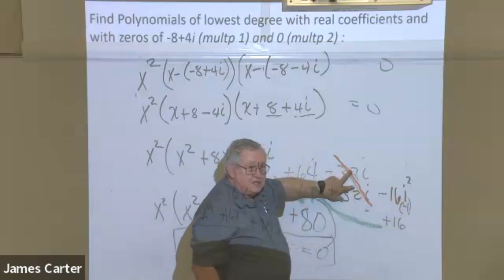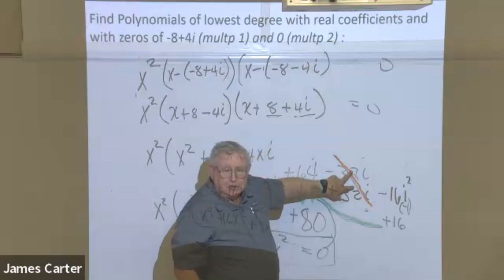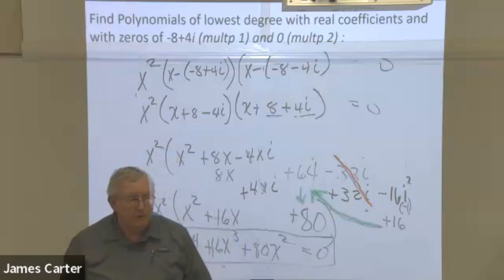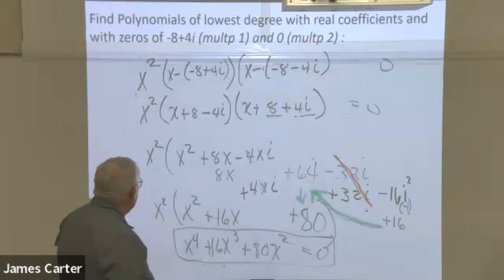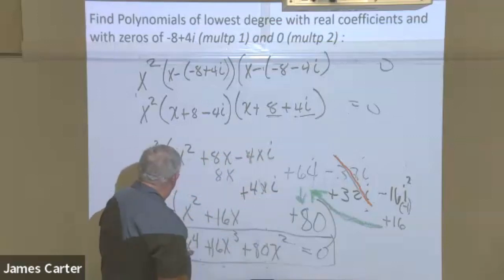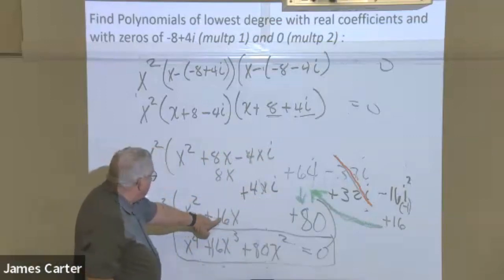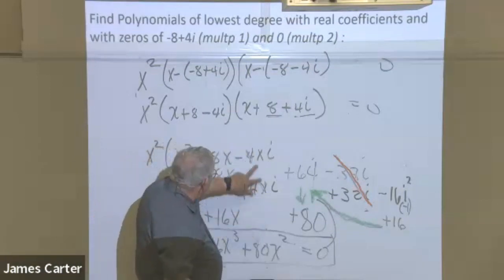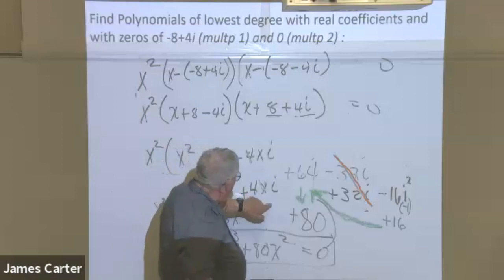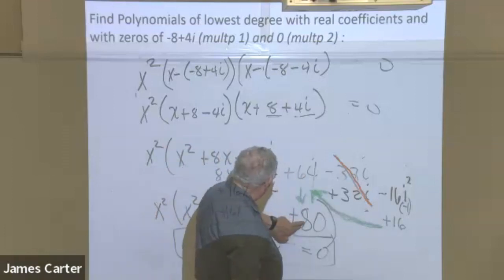These two happen to cancel out. Just happen to. Now, honestly, that will often happen. Anyway, I add everything down. To here, I get x squared plus 16. These two cancel out because I got a plus and minus of them. Here, I've got these two.